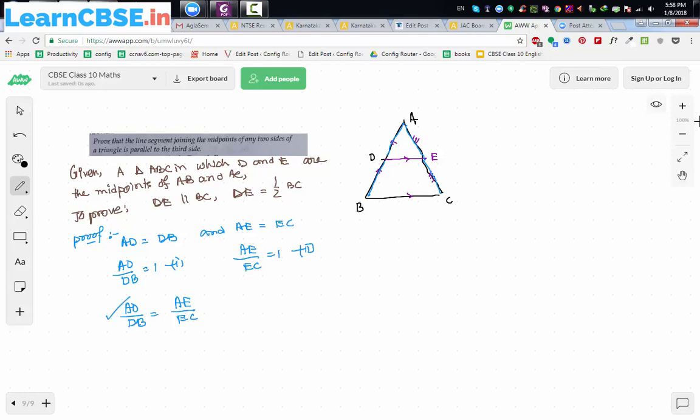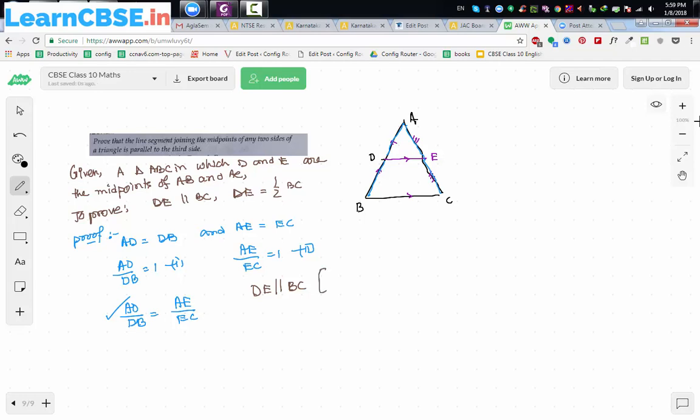Okay. Now, AD by DB is equal to AE by EC. So what we can say by the Thales theorem is that DE is going to be parallel to BC. That's what the converse of the Thales theorem is: if the sides are divided in the same ratio, then DE must be parallel to BC.